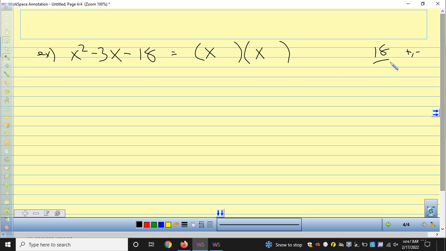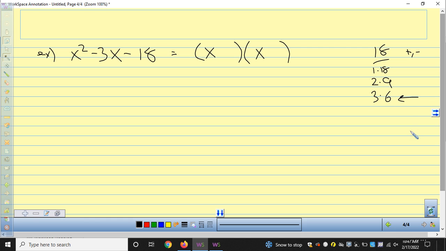Let's list the factors of 18. That's what your sheet is for, to help you with your factors. So 1 times 18. 2 times 9. 3 times 6. And if you're not sure if these add to negative 3, we try them out. Well, negative 2 plus 9 is 7, and 2 minus 9 is negative 7, so that doesn't work. Negative 3 plus 6 is positive 6. 3 minus 6 is negative 3.